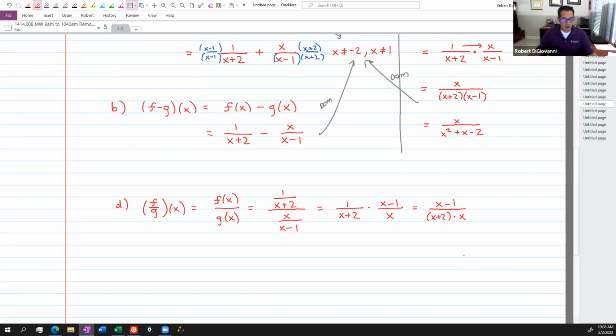I have a tricky question for you here. What is the domain of this function? Tell me what X can't be. What do you think? What do y'all think?